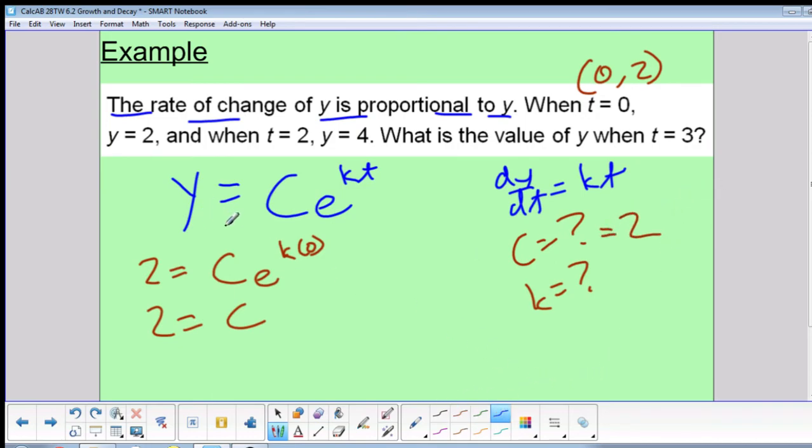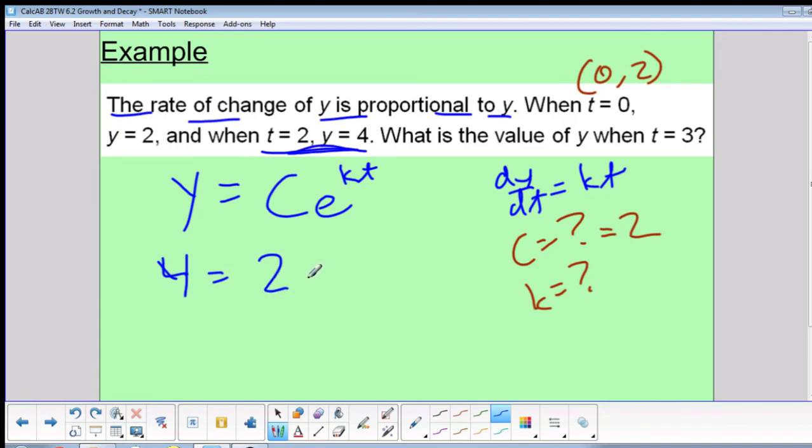Now, I know what c equals, I've got to figure out k. So to figure out k, I'm going to substitute in that second case. When time equals 2, y equals 4. And I already know what c is, so I can say 4 equals 2 times e to the k times 2, or 2k. All right, so let's do some math here.